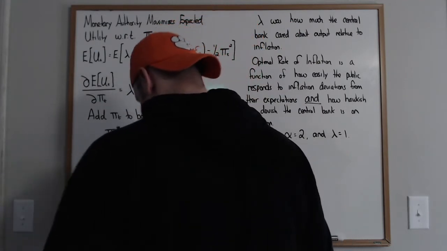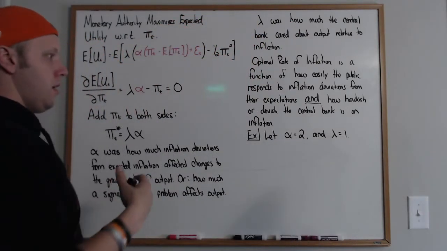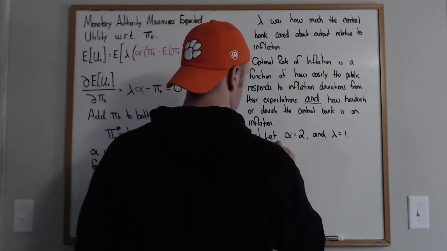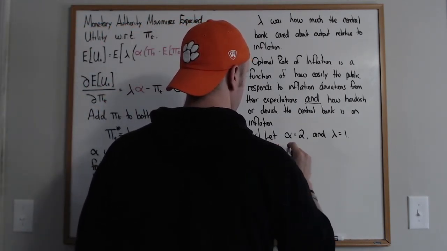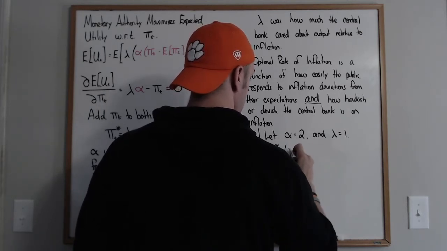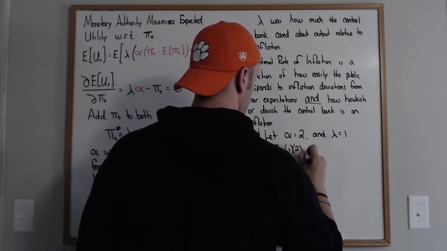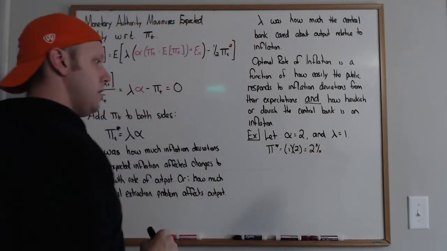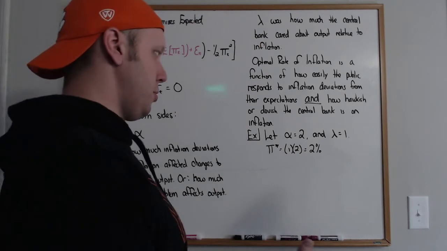And you'll see what I mean by dovish in just a second. All right, so alpha's 2, lambda's 1. In this case, the optimal inflation rate is lambda times alpha, which is 1 times 2, equals 2%. So the optimal rate of inflation here would be 2%.